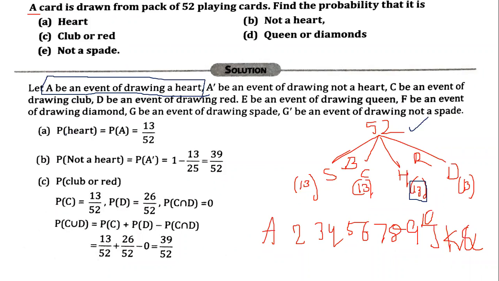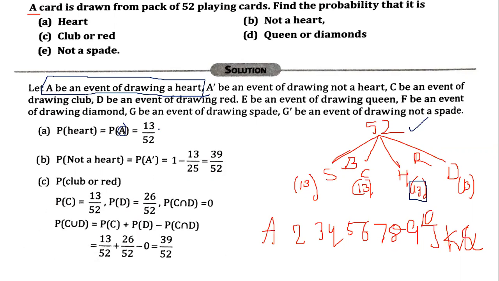So the probability of getting a heart card is probability of A. Event A is drawing a heart card. We have 13 heart cards, and out of these 13 we can select any one card.